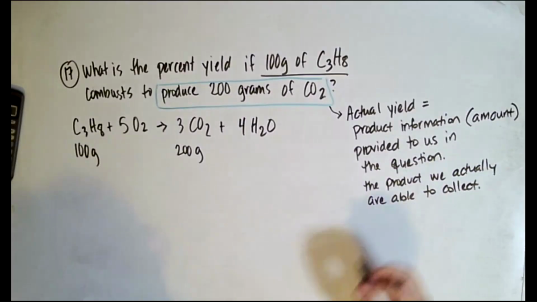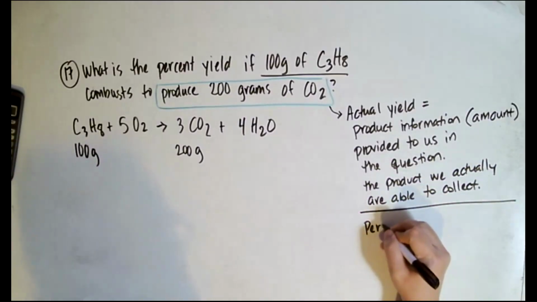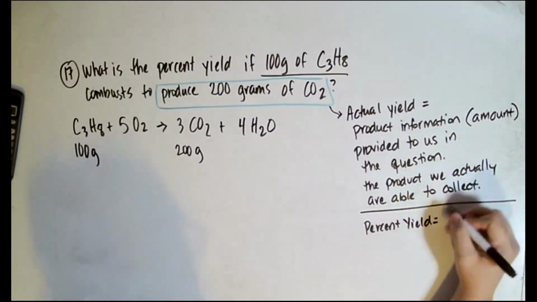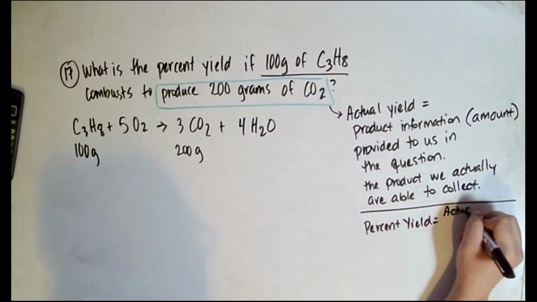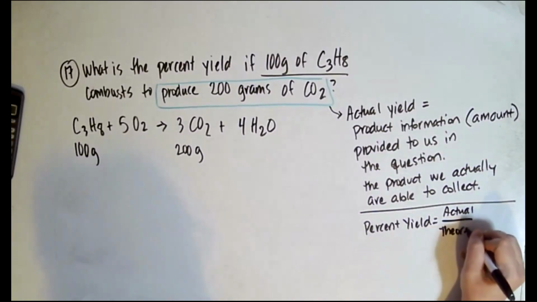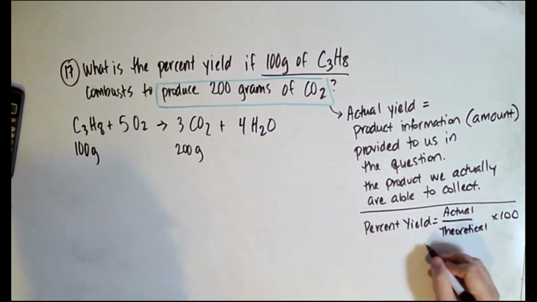Okay. Our percent yield is going to be our actual yield, which they'll have to give us, divided by our theoretical yield, which we will have to calculate, times 100.